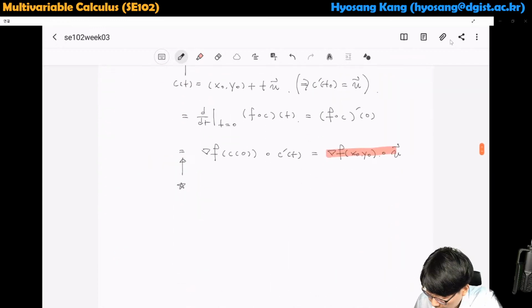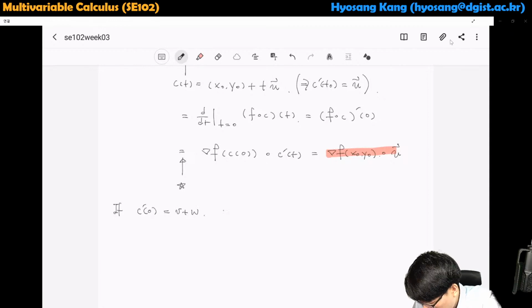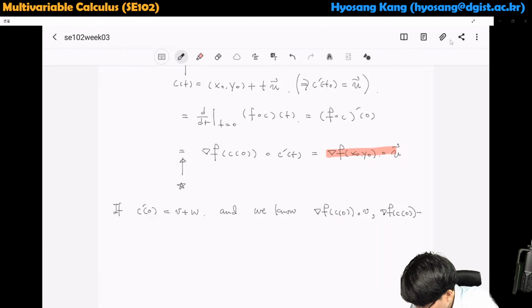So what we are saying is that if you have c prime 0 as v plus w, and we know this f prime, and we know the gradient at c0 in the direction of v and the gradient at c0 inner product w, then without knowing what the actual gradient is, you can find your gradient inner product with c0 as simply a sum of these two values.